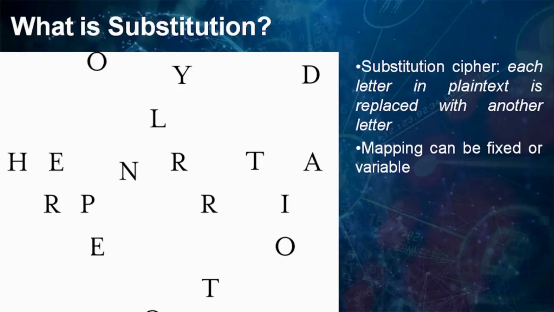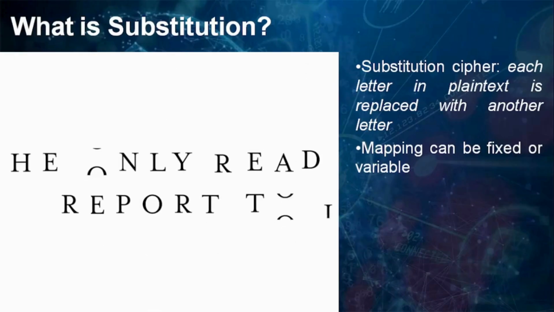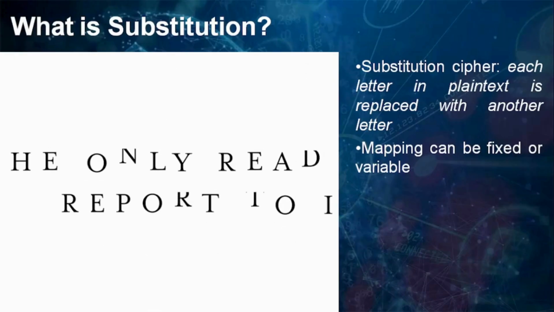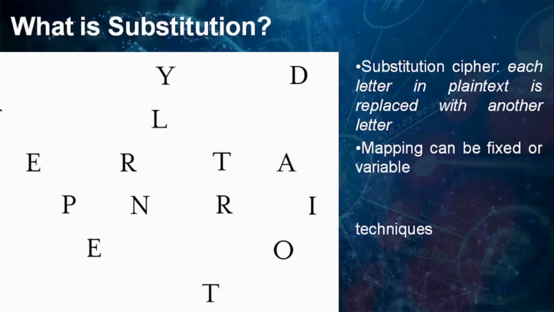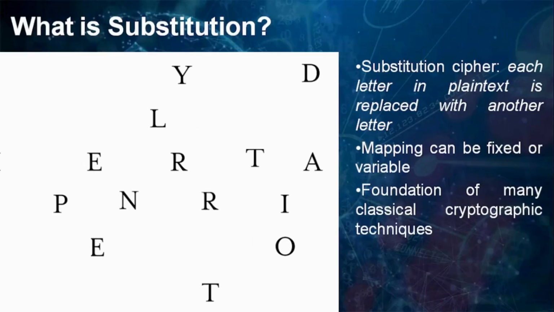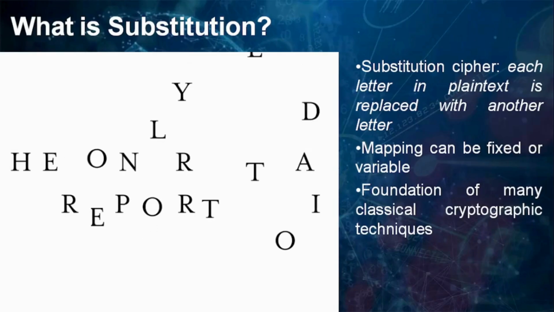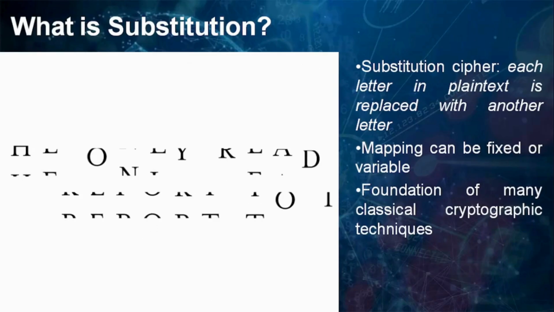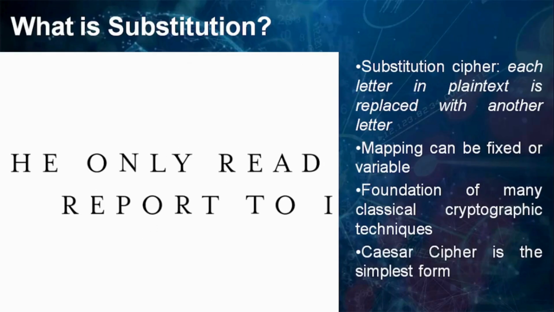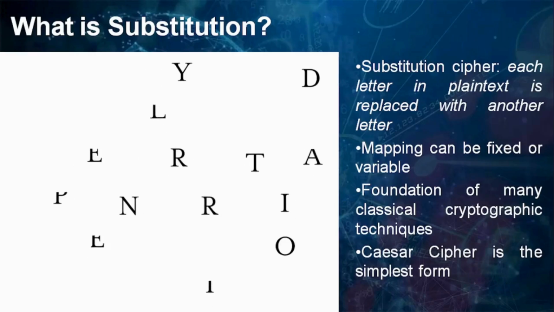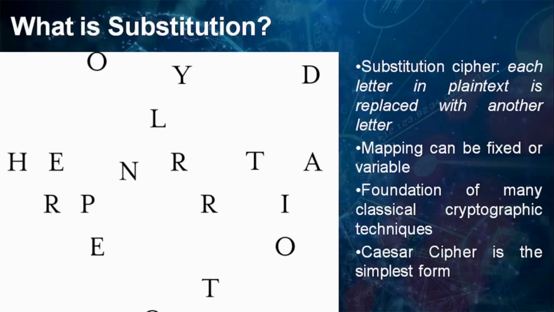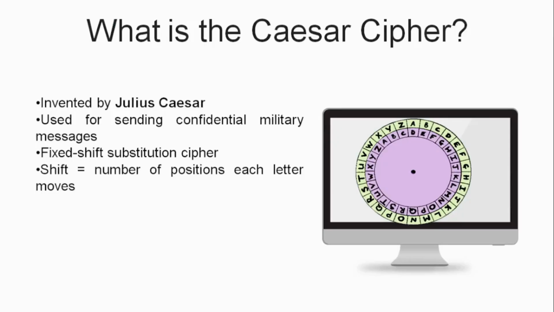The mapping can be either fixed or variable. The substitution cipher forms the foundation of many classical cryptographic techniques, and the simplest and most famous substitution cipher is the Caesar cipher.